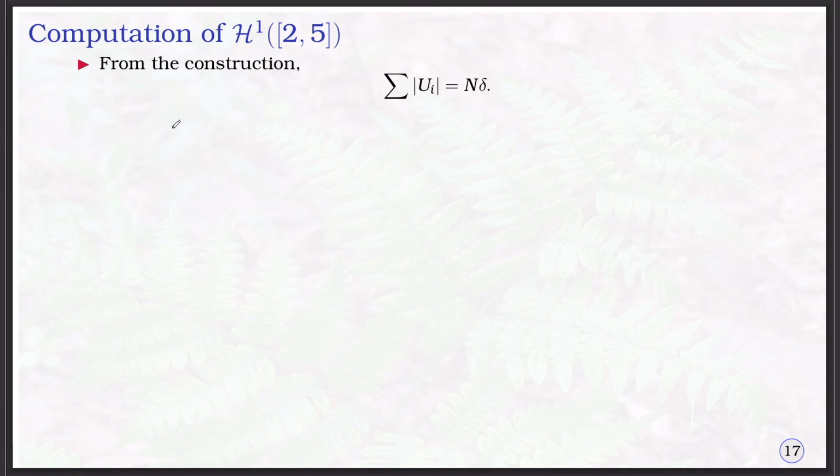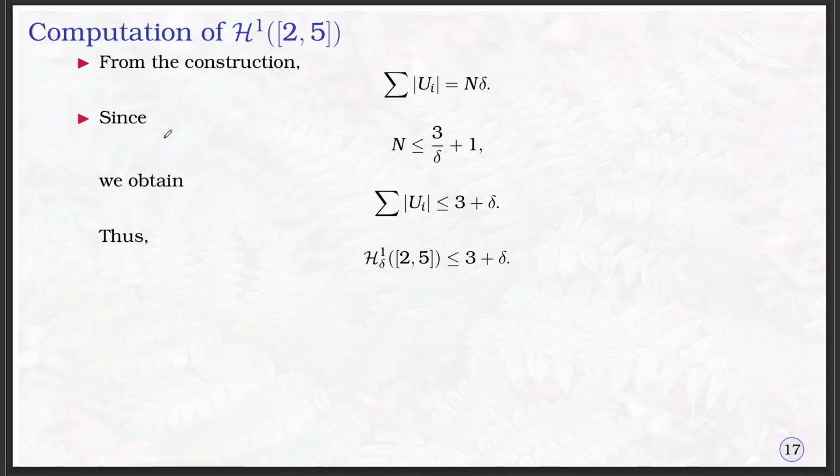Now, from the construction, the sum of mu_i equals n times delta. Then, since n is less than or equal to 3 by delta plus 1, we obtain the sum of mu_i less than or equal to 3 plus delta.